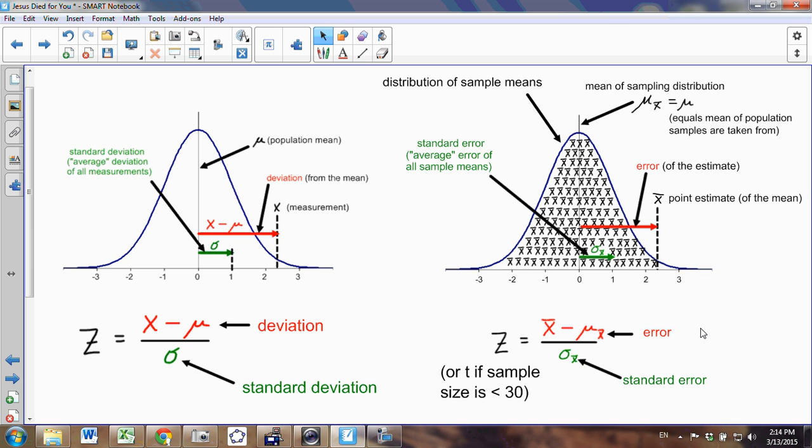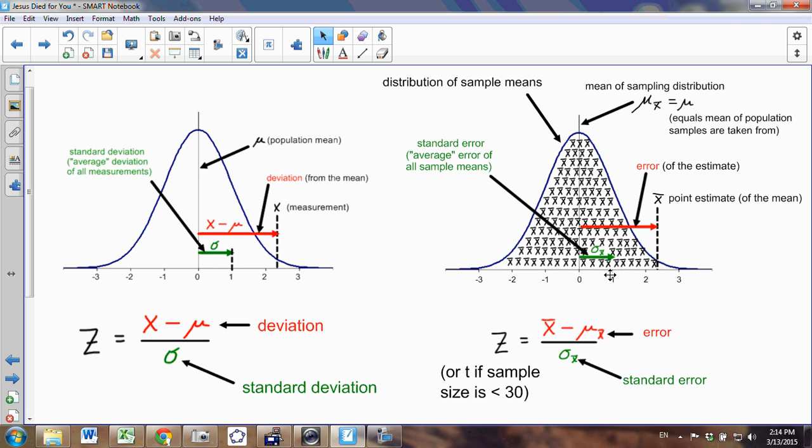And that's why we call it a standard error. Conceptually, it's the same thing as a standard deviation. These are totally analogous distributions, and a test statistic is analogous to a z-score. It's simply asking how unusual is this occurrence of a particular sample mean of a particular size.